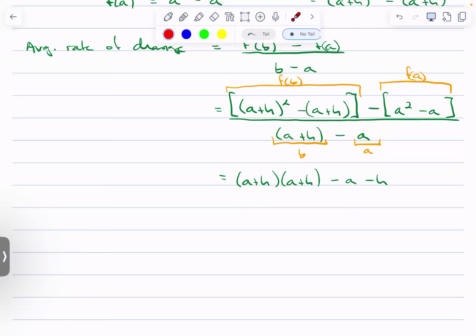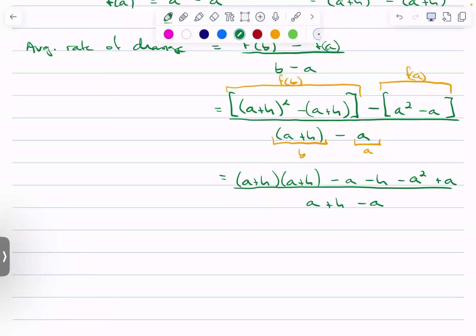Right. Our goal is to simplify, so expand and simplify, collect like terms, and get it to be as small as possible, I guess. Divided by a plus h minus a.